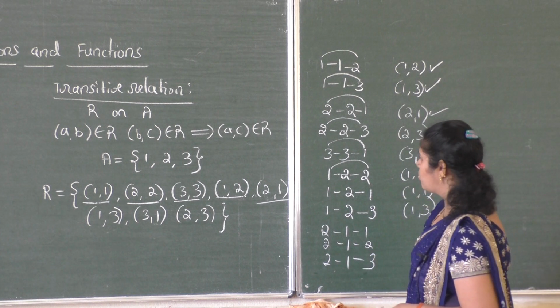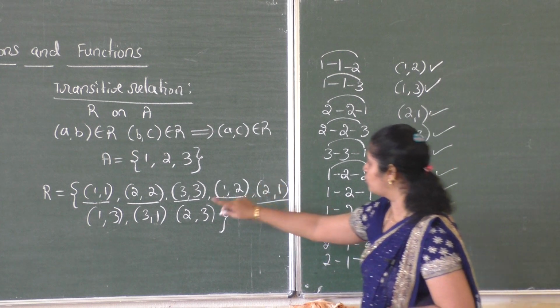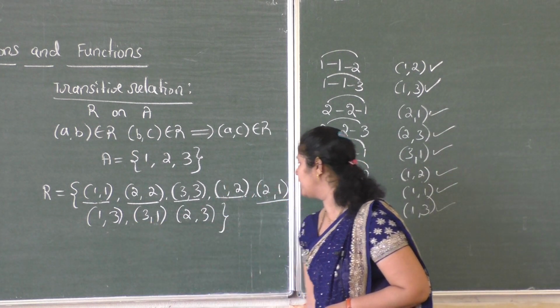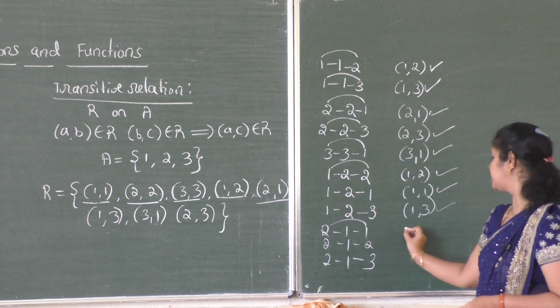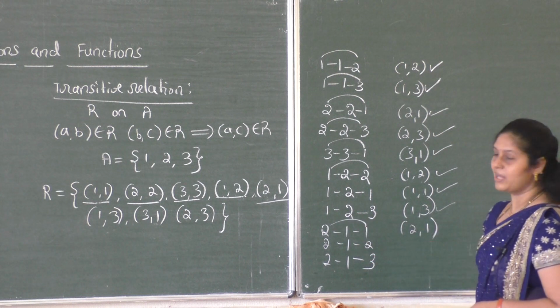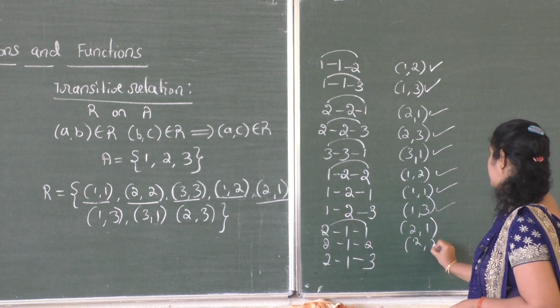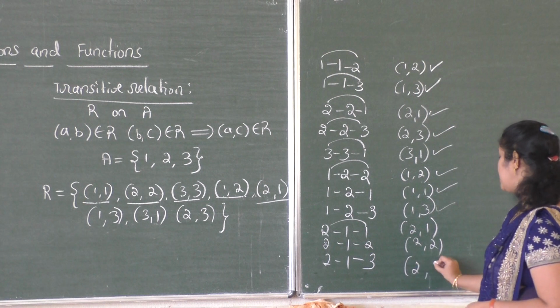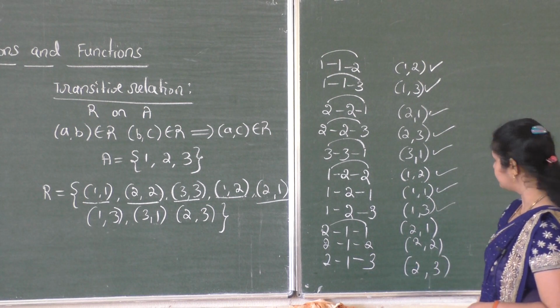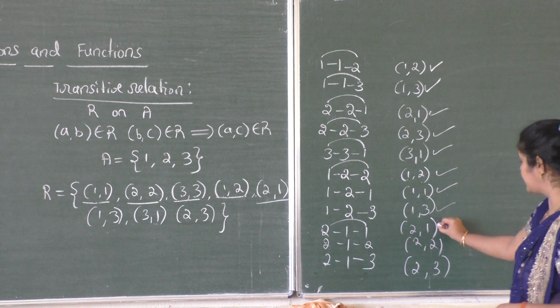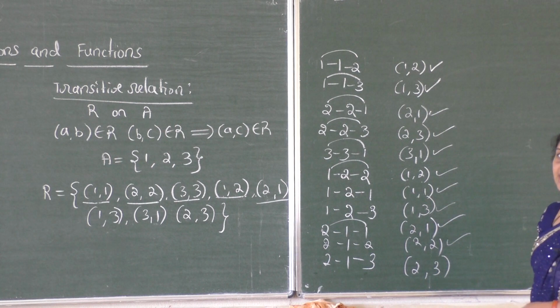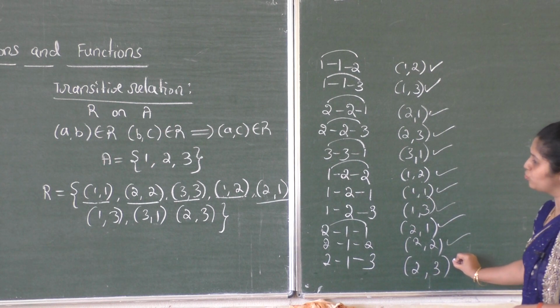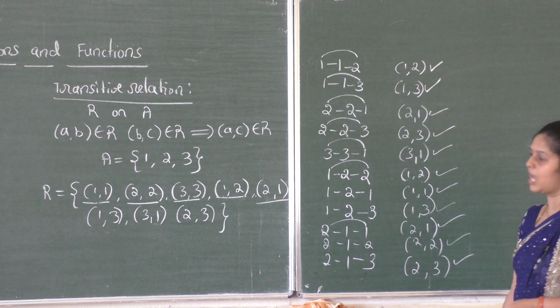We get ordered pair (2,1), (2,2), and (2,3). Now (2,1) is there in the relation R, (2,2) is there in relation R, and also (2,3) is there in the relation R.